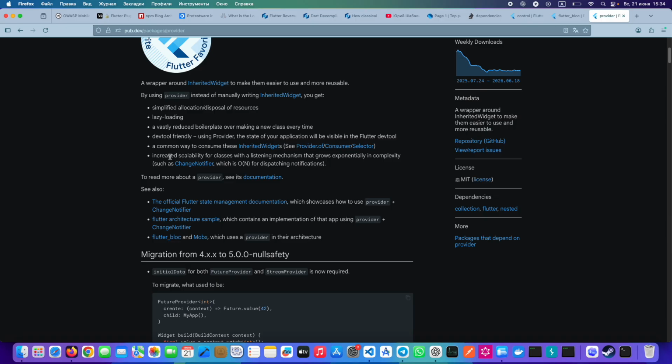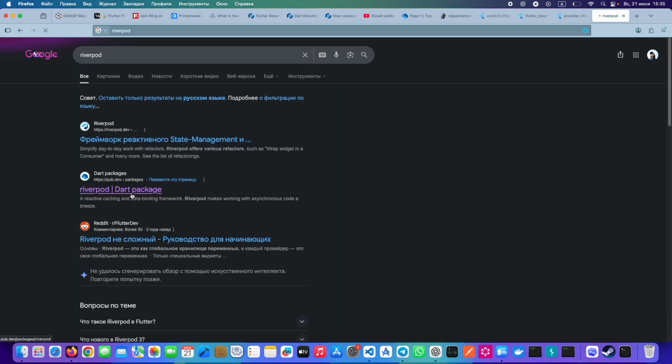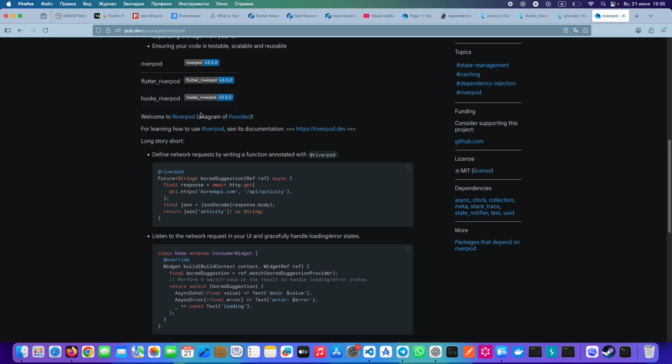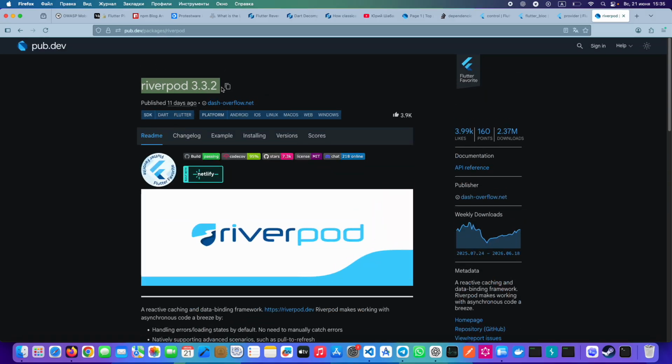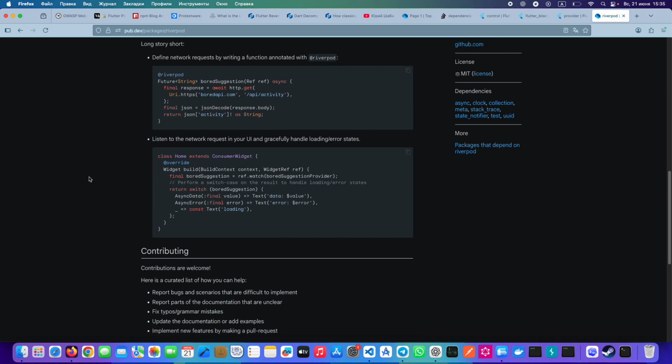Even if you are thinking that Provider or Riverpod is state management, actually it's not. Its main job, as I said, is to inject dependencies.